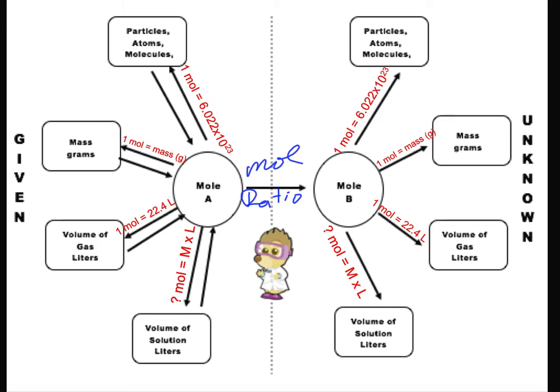But if you think about what we've been doing, this is kind of the setup here. That last example we did, we started here and we ended here. You started with grams of sodium hydroxide. What did we do?